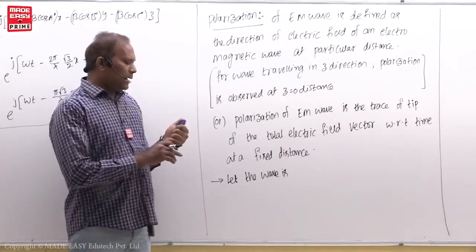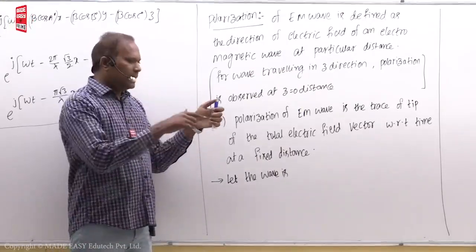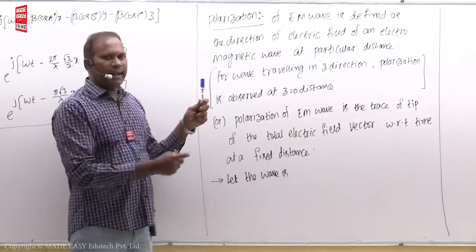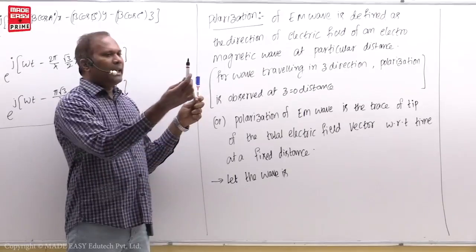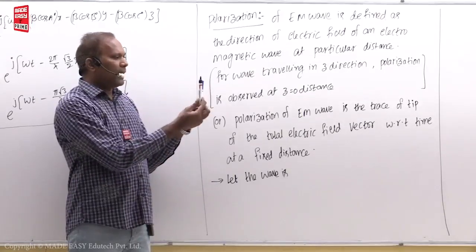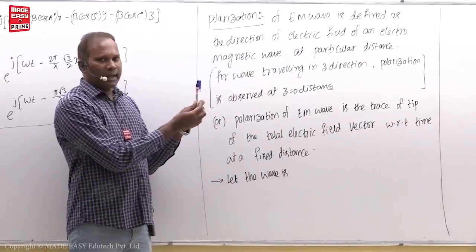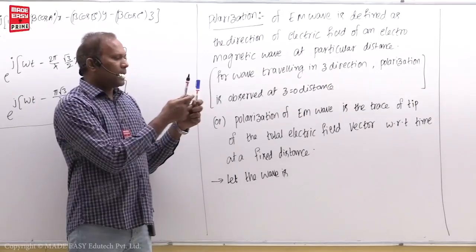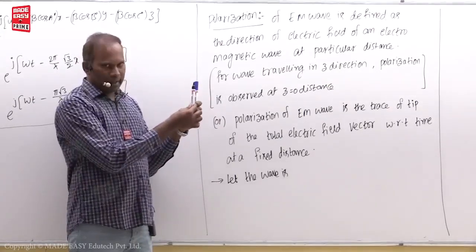Actually, students, if an EM wave is coming like this, if this is a radio and the radio has an antenna, if the incoming EM wave's electric field is vertical, then the antenna is also vertical, then it is vertical polarization, and this radio antenna receives the signal.